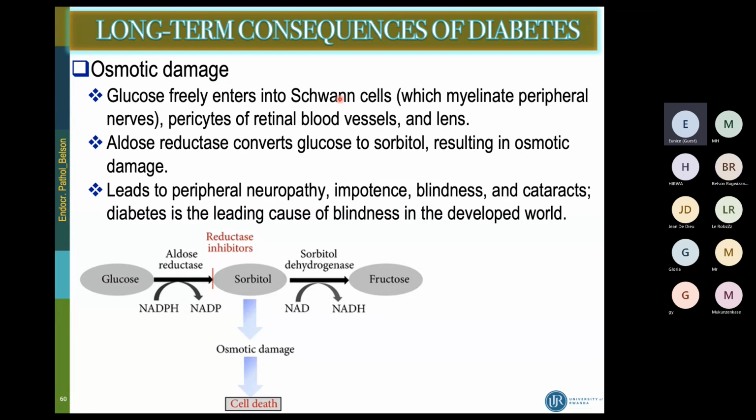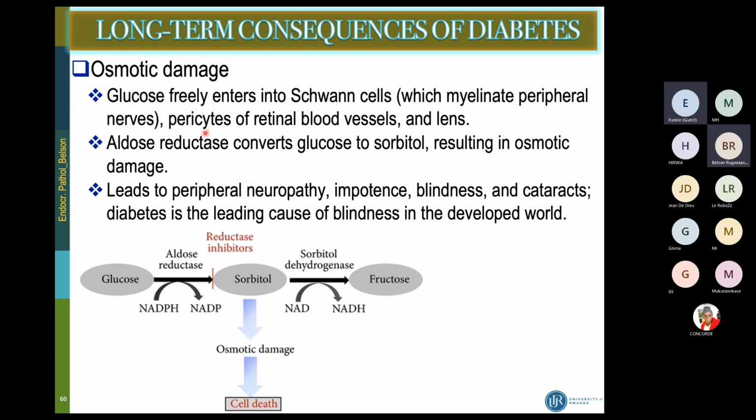So it's not... oligodendrocyte. Yes, oligodendrocyte. So the glucose freely enters into Schwann cells around the nerves.